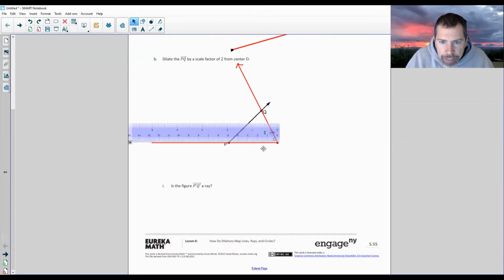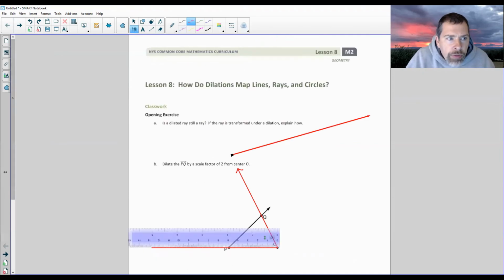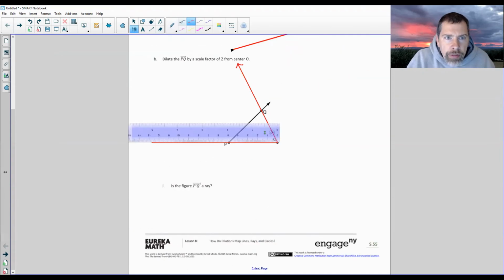Let me switch it to metric. From O, let me get it right on 0. I need to accurately measure this.